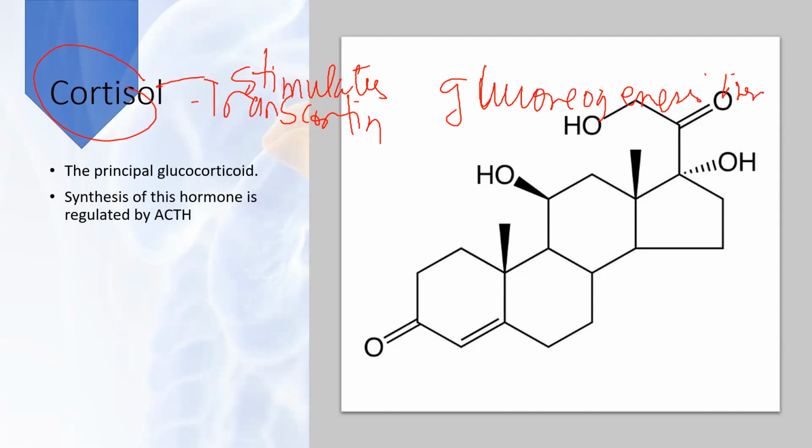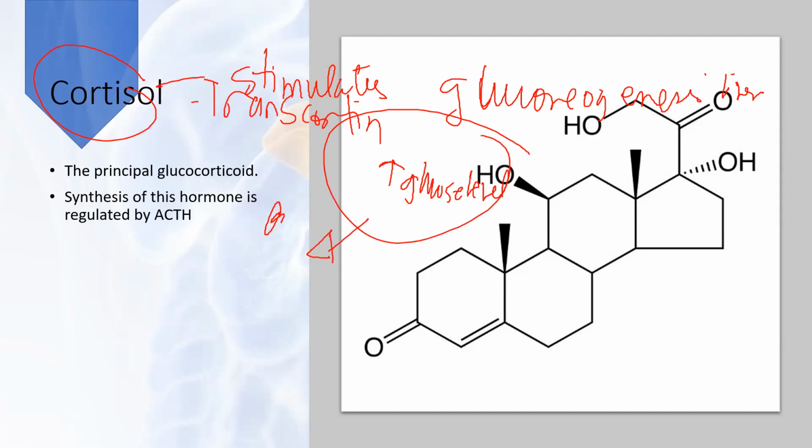Now, since it stimulates gluconeogenesis, ano yung nangyayari? It will increase our glucose level. Having said that there will be an increase in glucose level, there is what we call hyperglycemia.